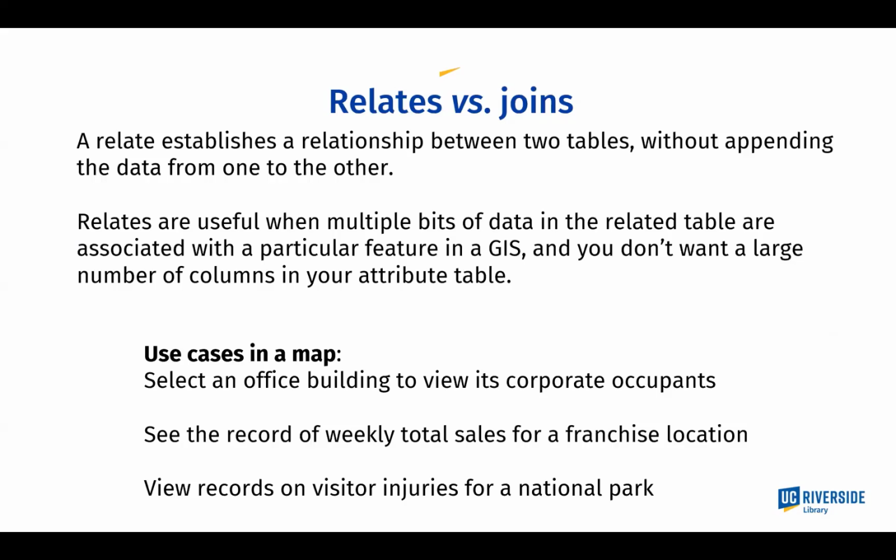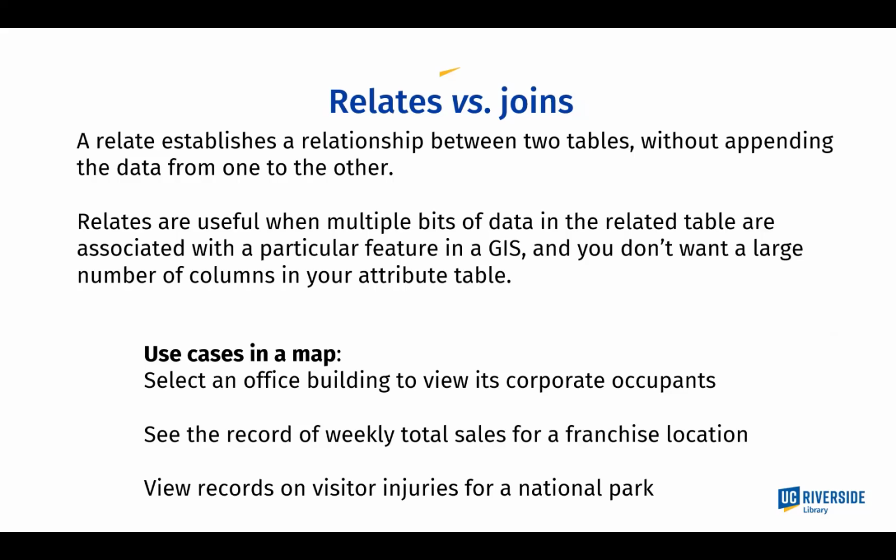And that's really helpful when you have lots of data associated with a particular feature in your GIS, and you don't want to clog up your attribute table with hundreds and hundreds of columns. So for instance, maybe you have a GIS that includes office buildings in a big city, and you have a spreadsheet that talks about who the occupants are of this 12-story building.